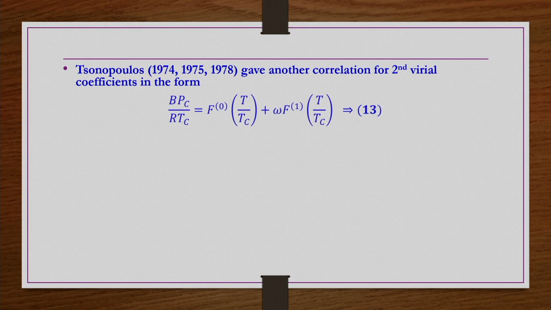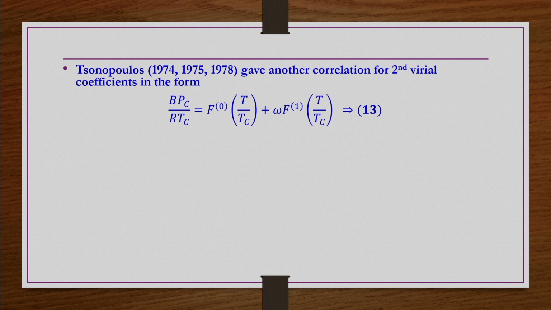Next, Tsonopoulos gave another correlation for the second virial coefficient in the form B Pc by RTc equals some function f0 of Tr plus omega times some function f1 of Tr, or T by Tc.